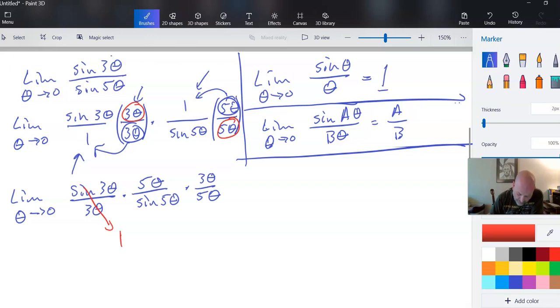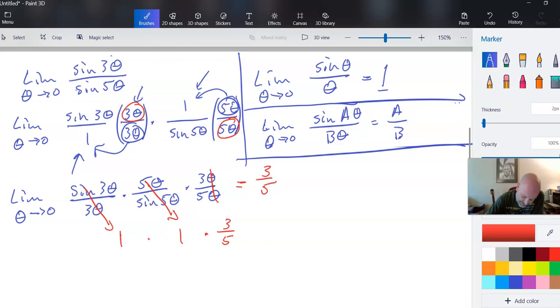Sine 5 theta divided by sine 5 theta would be the reciprocal of 1, which is also a 1. And then this one, I can cancel the thetas here. And so this is just times 3/5. There's no variable here, so I don't have to worry about the limit. And so what I end up with is 3/5 for that particular limit.